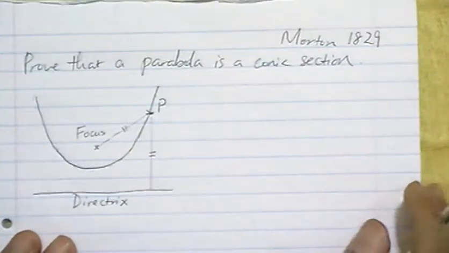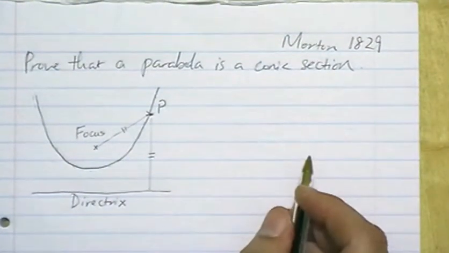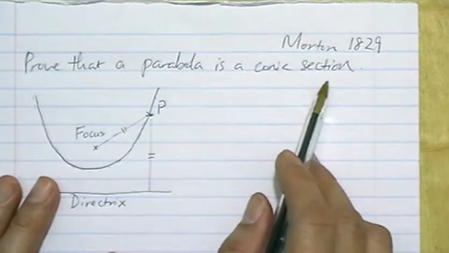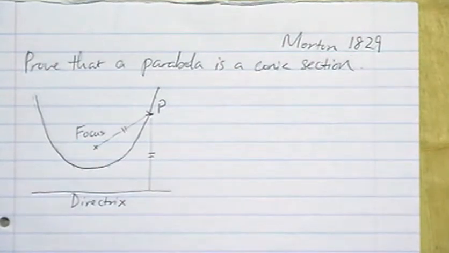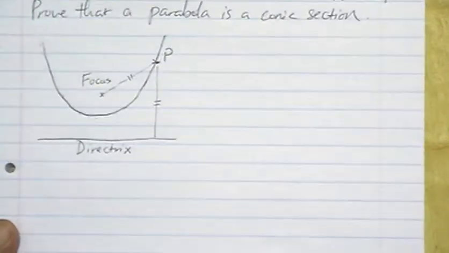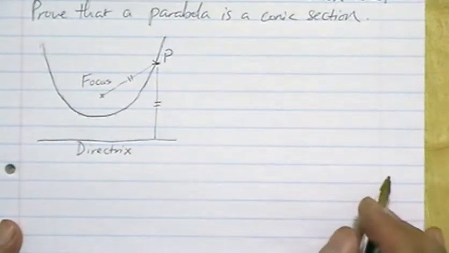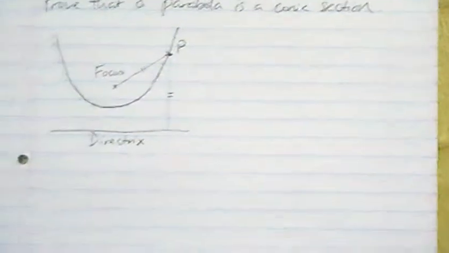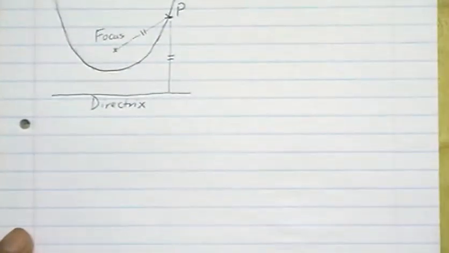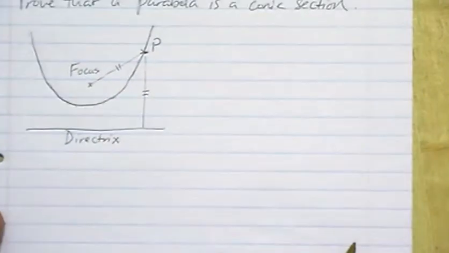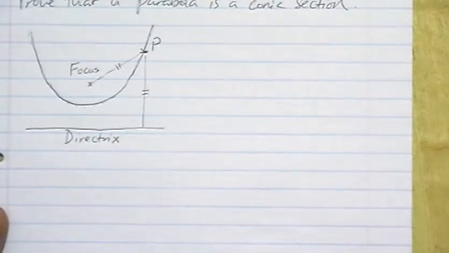Now a conic section refers to the curve that is formed by a plane cutting through a cone. Okay. Now I'm going to have to try and draw a cone.